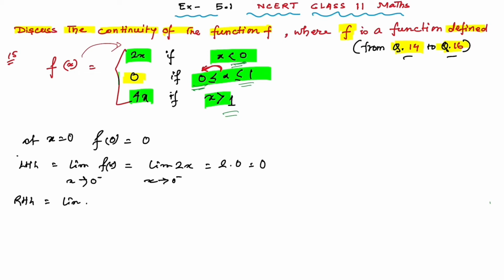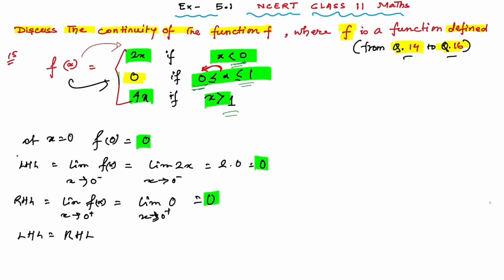So, the right hand limit of f of x: for x greater than or equal to 0, in both cases, f of x is given by 0. So, the limit is 0 when x tends to 0 positive. It is obviously going to be equal to 0. So, both the left hand and right hand limits at x equal to 0 are 0, both equal to f of 0.